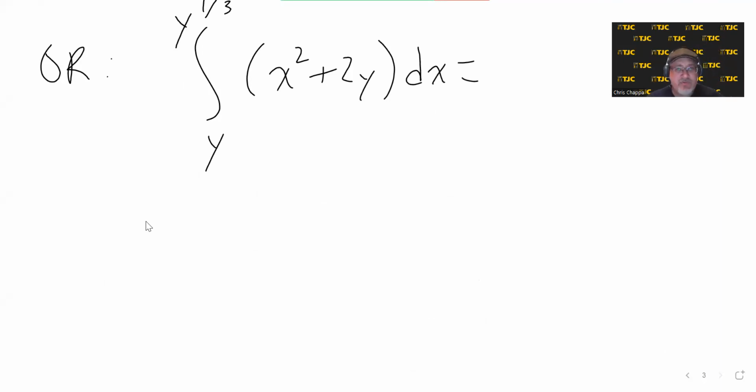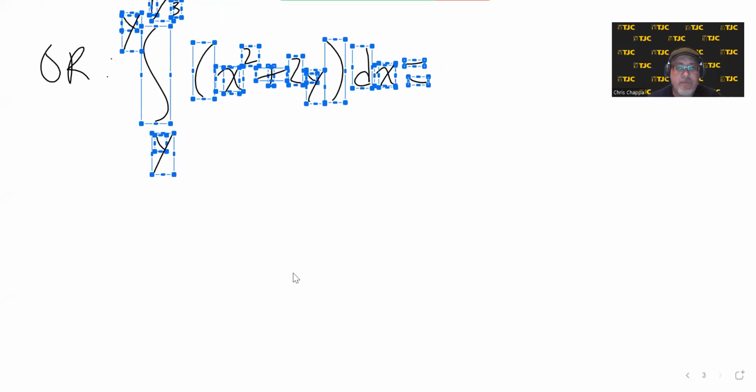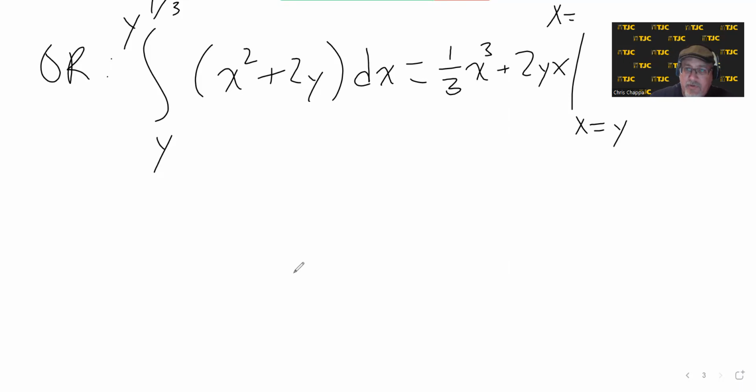Let's grab all this, move it to the left a little bit. Okay. The antiderivative with respect to x is 1/3 x cubed plus 2yx or 2xy. And this is going from x equals y to x equals y to the 1/3.